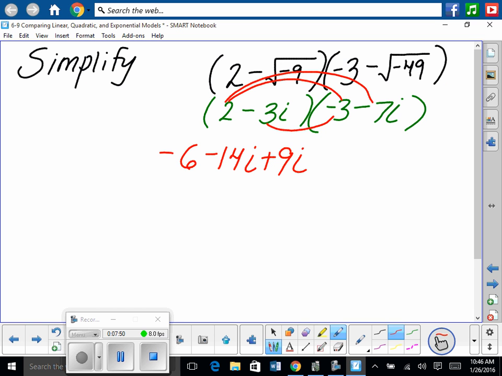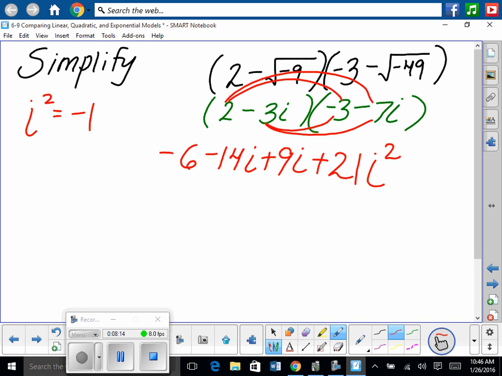Positive 9i. Now, a lot of you were making multiplication errors yesterday with negatives. Negative 3i times negative 7i is 21i squared. Good. A negative times a negative is a positive, and 3 times 7 is 21. But i times i is i squared. Then we know that i squared is equal to negative 1.